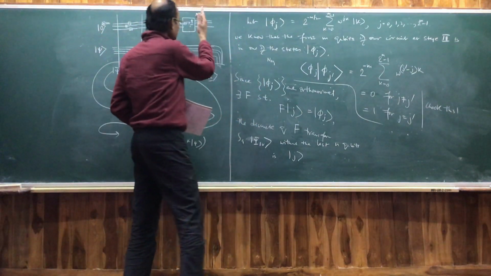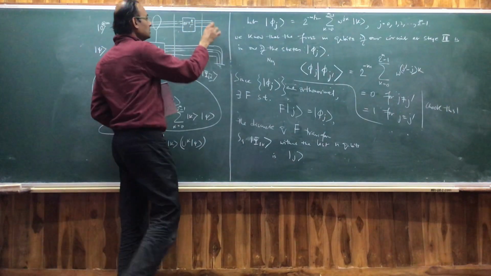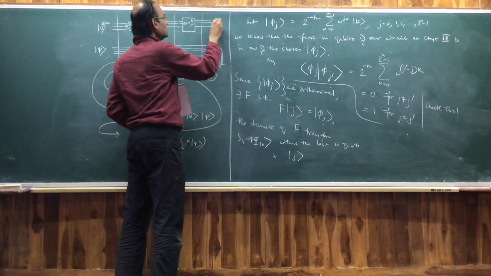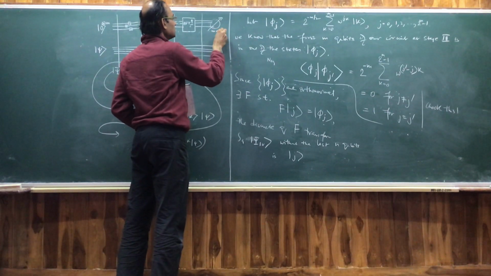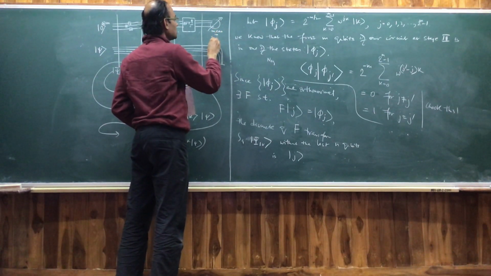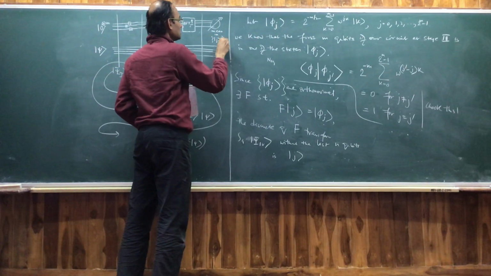So you make a measurement in the j basis. Here this was dumped, and here this is the measurement in this basis.